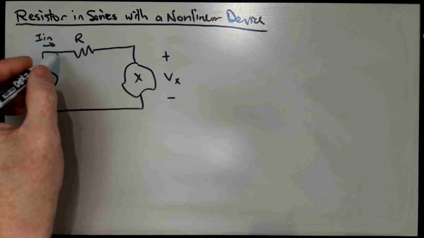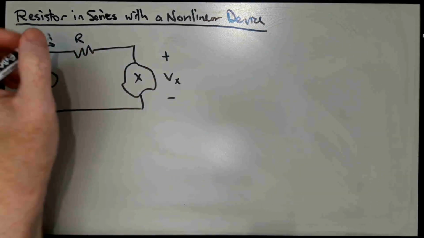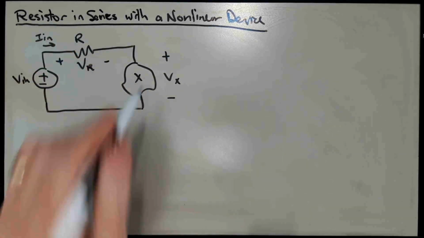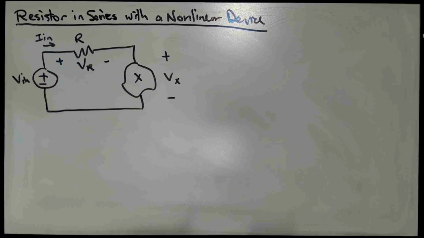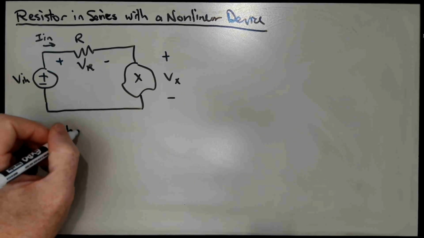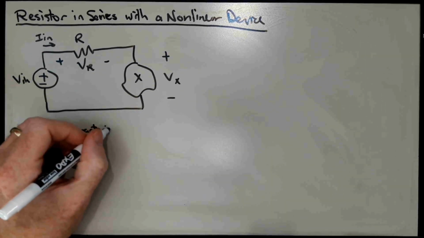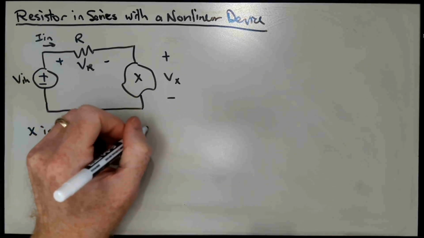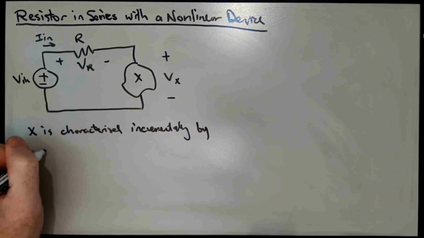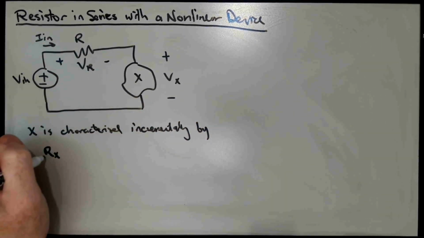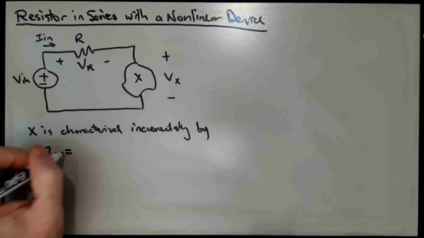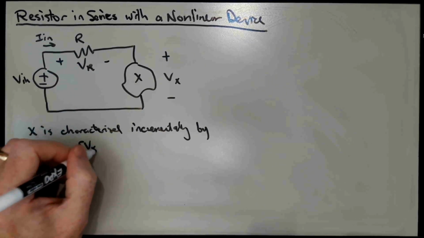There's going to be obviously some drop across the resistor, which we could call V sub R, and some drop across the device X. We're going to assume that X is characterized incrementally by a parameter R sub X, which is the incremental resistance of X, basically delta Vx over delta Ix.